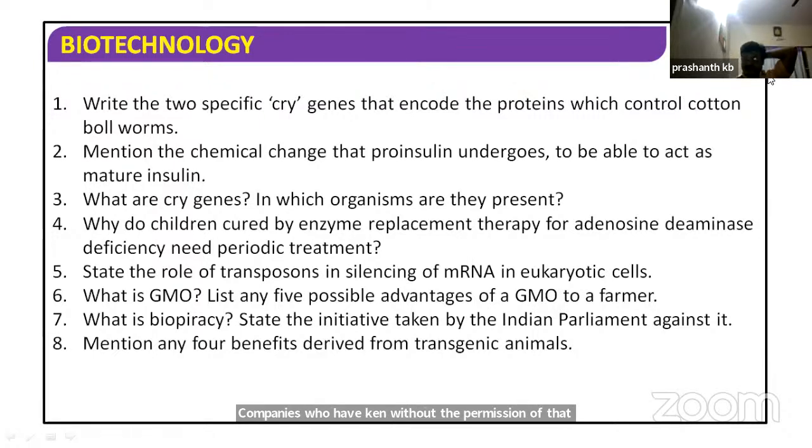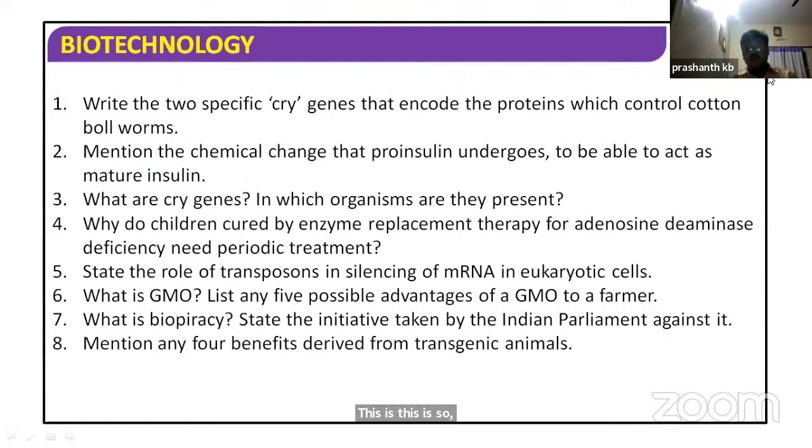4 benefits derived from transgenic animals. Vaccine safety testing, toxicity testing, physiology and development, okay, and disease testing.